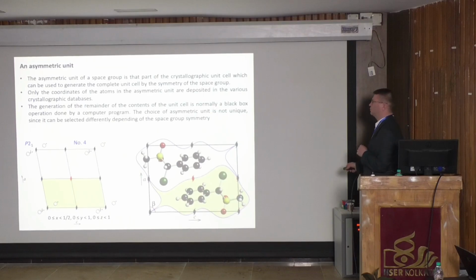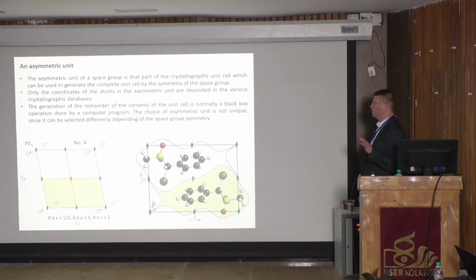But this is a very useful concept for thinking about what you have in there. Sometimes you have 1 molecule in the asymmetric unit, sometimes 1 molecule plus a solvent molecule, or you might have 2 molecules, and in some rare cases 3 molecules in an asymmetric unit.